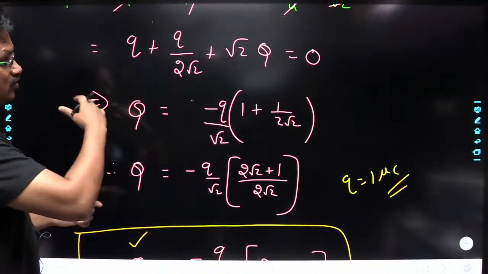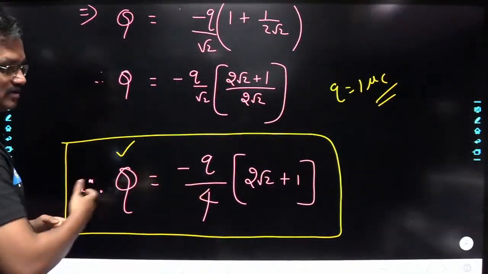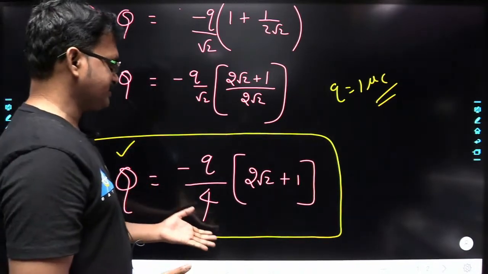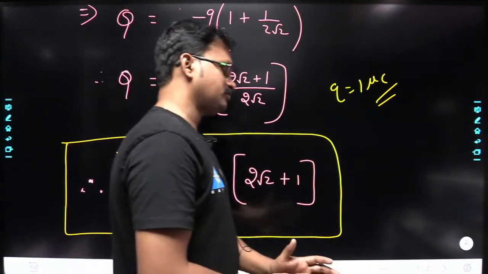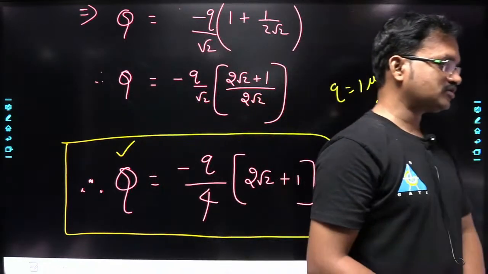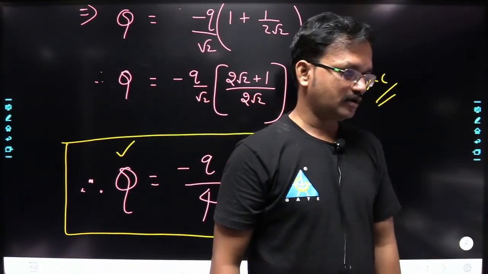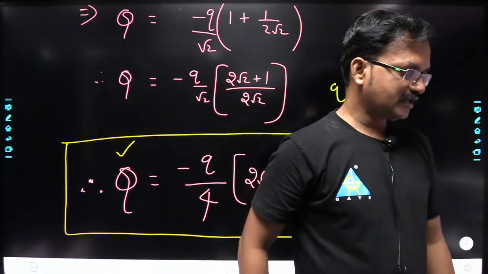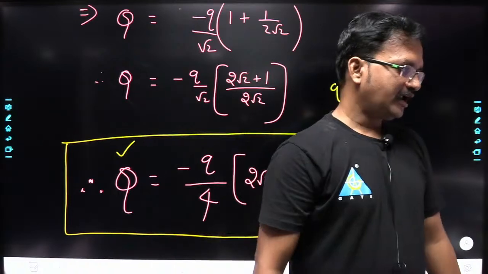So whatever you take, finally you are going to get the same answer, right? So if you place this charge exactly at the center, then the system is going to stay in equilibrium, right? Okay. So understood this problem? Yes or no here? Let me know, is it clear?